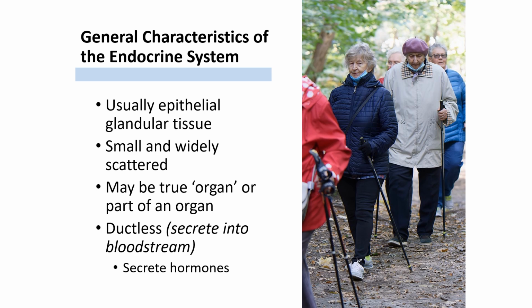The exocrine system is a system that features ducts. Those organs are going to deposit their contents into a duct, and that duct is going to carry those contents to wherever they're going in the body. So that's the main difference between the endocrine and exocrine system. One features ducts, the exocrine, and one does not, and that is the endocrine.